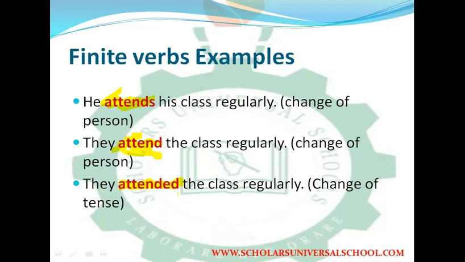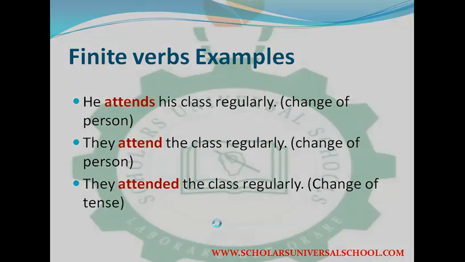They attended the class regularly. So finite verbs actually function as the main verb in a sentence, whether it comes as present singular, present plural, or past tense. So we can have it here, change of tense. So good.